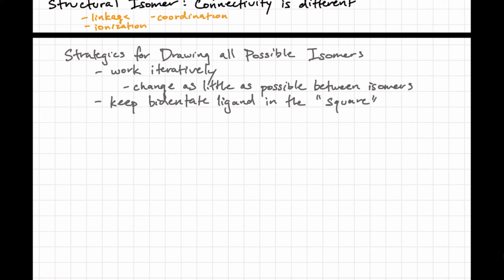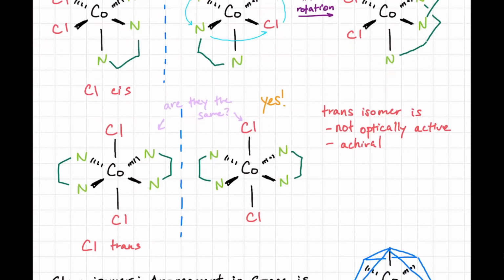And with every single one, check for optical isomers. Some of them you can see right away that there is a mirror plane, so you don't need to draw it.